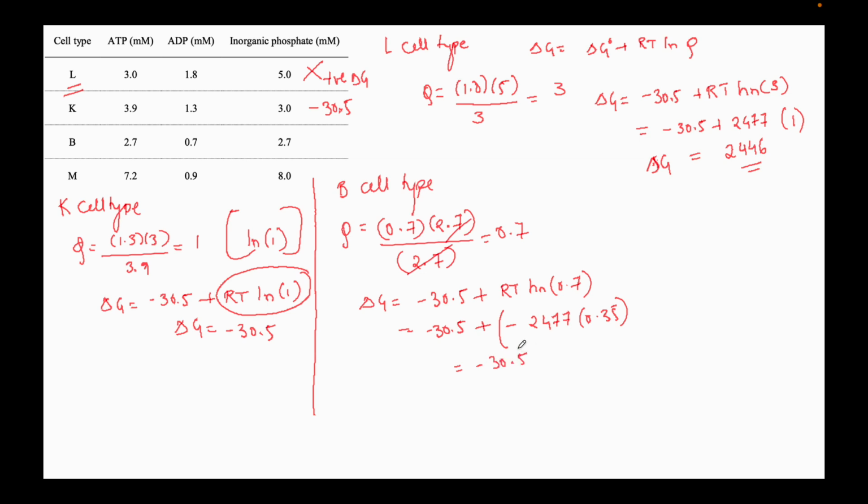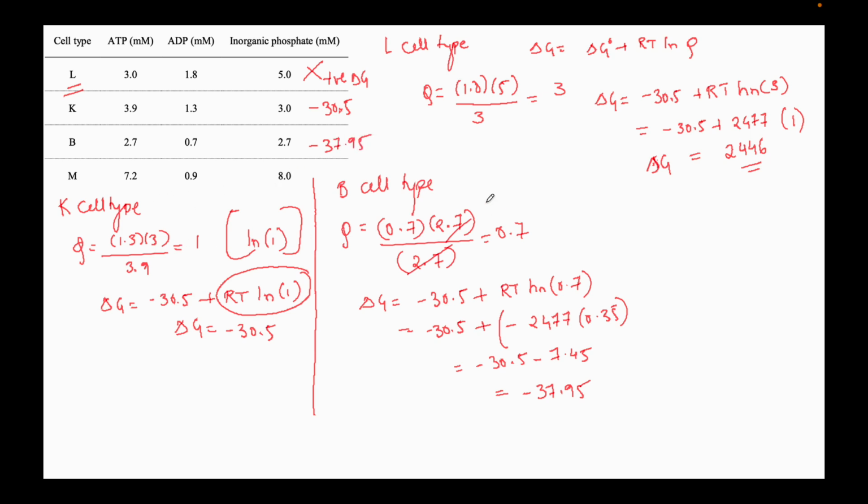So this will be minus 30.5 minus 7.45. Okay, you guys also calculate this. So the final answer will be 37.95. Okay, we got a higher number, 37.95.